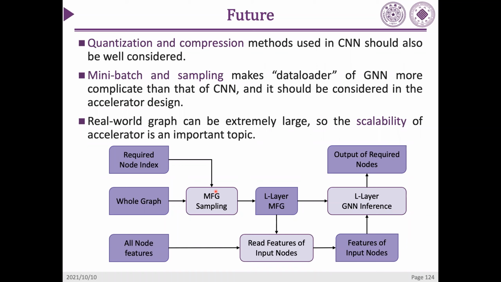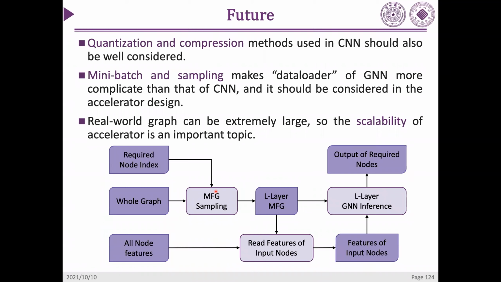The second is that mini-batch and sampling make the data loader of GNNs more complicated than that of convolutional neural networks. It should be considered in the accelerator design how to design your hardware to meet the requirements of mini-batch and sampling, which is a very interesting feature of graph neural networks.